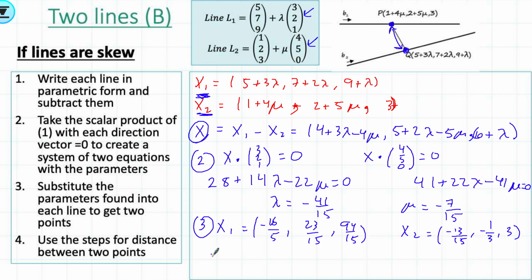So you have 2 points on the lines that satisfy these properties: the distance between them has a scalar product of 0 with each of the direction vectors. So now the distance between these 2 points using Pythagoras is 4.43.